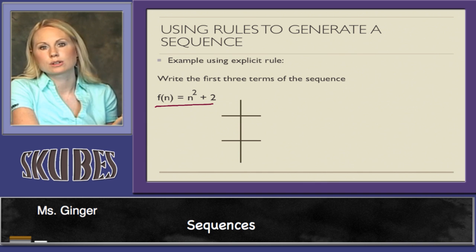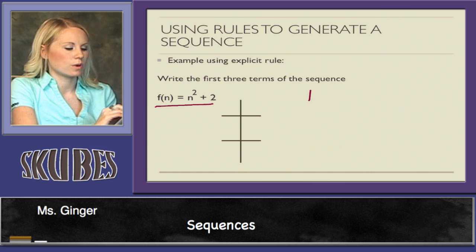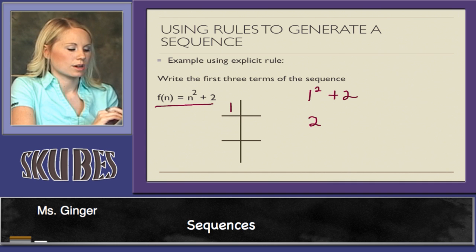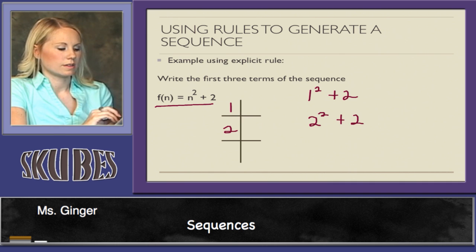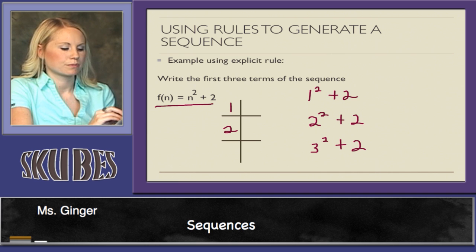We want the first 3 terms that would be in this sequence. So I'm going to have 1 squared plus 2 to give me the match for 1. And then I'm going to try 2 squared plus 2 to give me the second term, and then 3 squared plus 2 to give me the third. All right, so 1 squared plus 2 is going to give me 3.